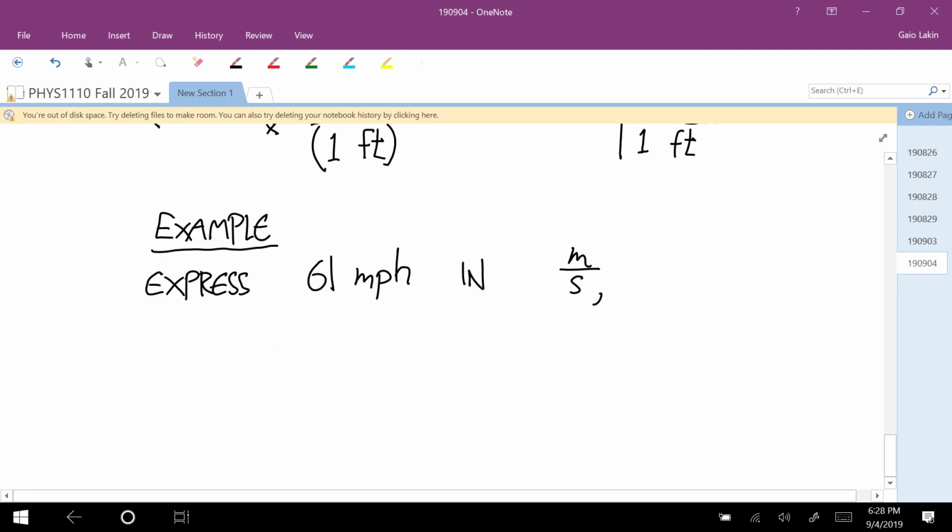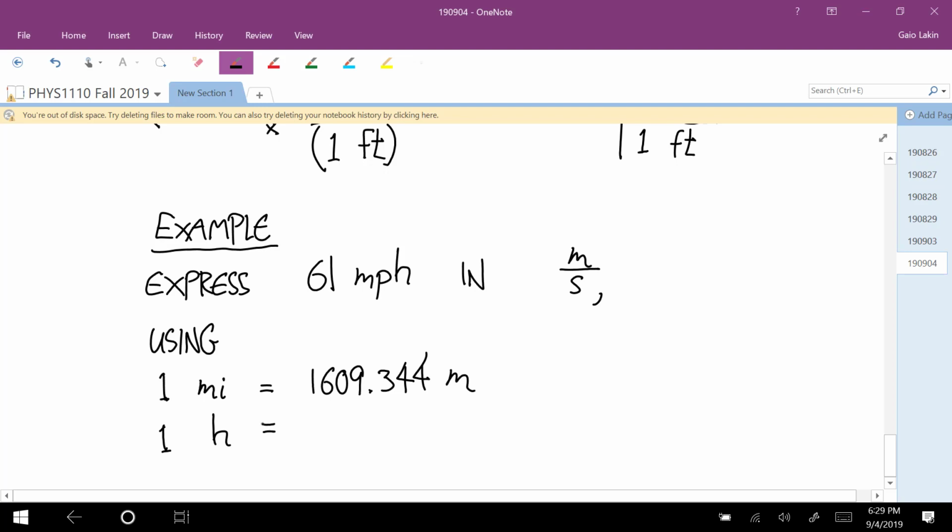And the conversions we want to use are that we know 1 mile is 1,609.344 meters. And 1 hour is 3,600 seconds.